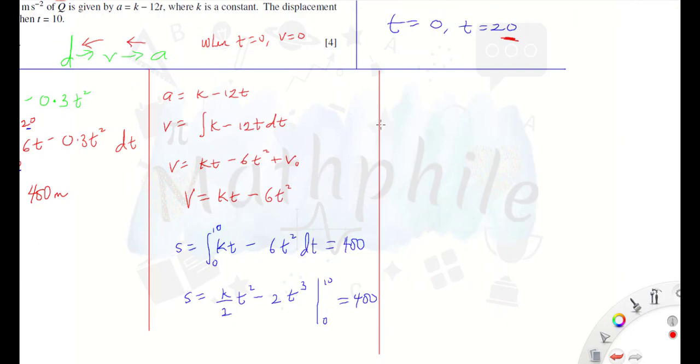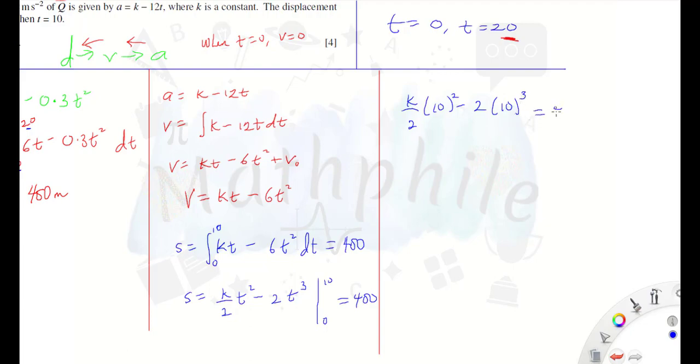So at this point, I can say that t is 10. So k over 2 multiplied by 10 raised to the power 2 minus 2 times 10 raised to the power 3 minus 0.